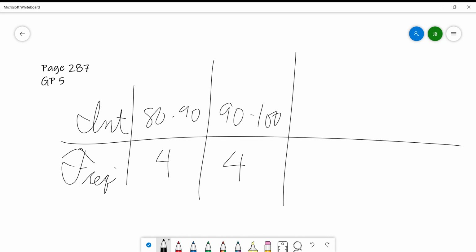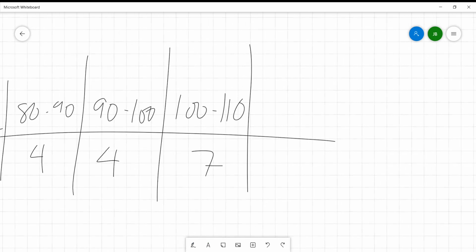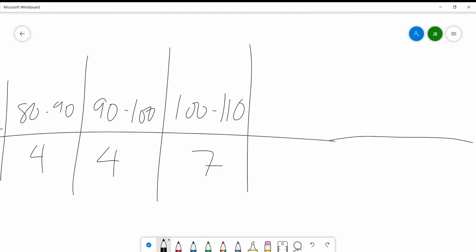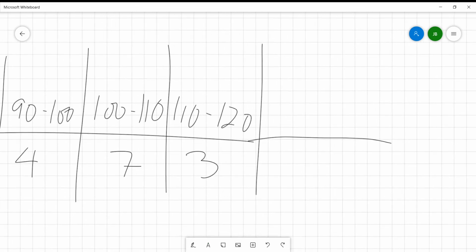4, 100 to 110, 7. I feel like I've already started, I might as well finish, right? 110 to 120. This is going to be a histogram again because, guys, these are continuous data, not categorical data.